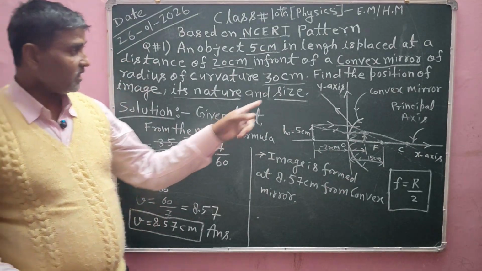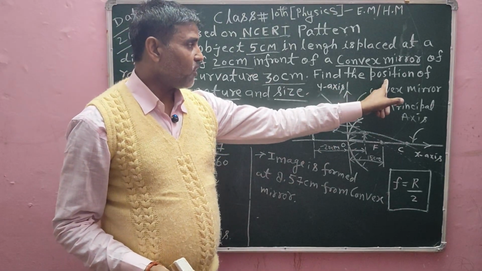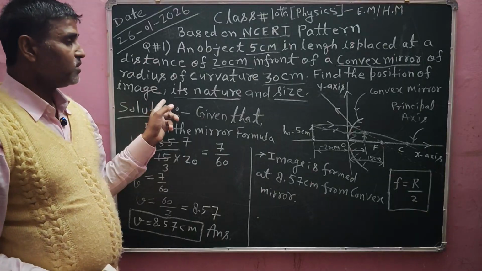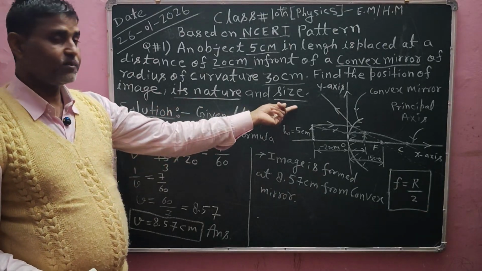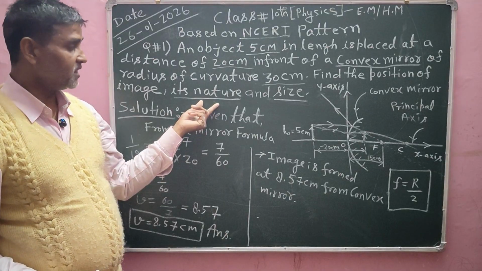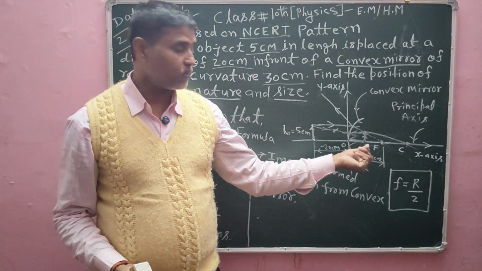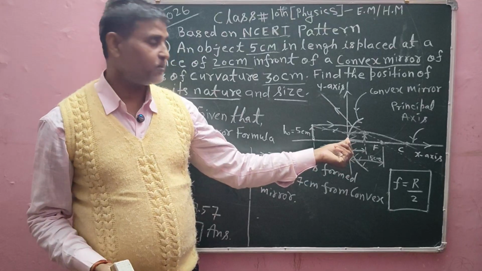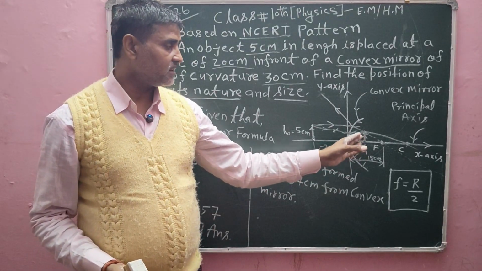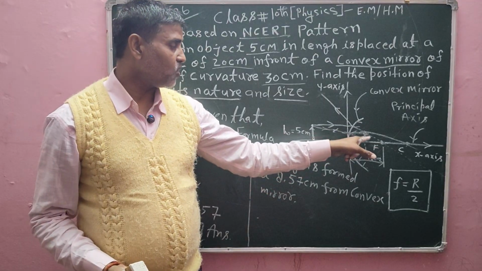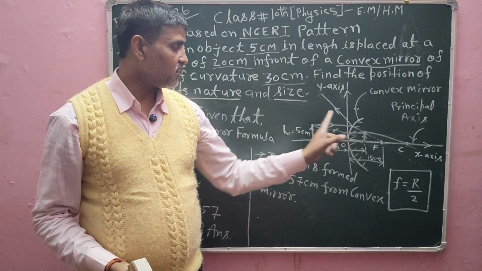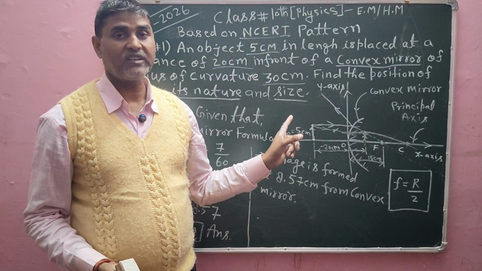Now this is the one answer of this question, that is the position of the image. Next we have to also find the size of the image and then explain the nature of the image, from the figure, from the diagram. That is, it is erect and small compared to the object height, so it is also called diminished.